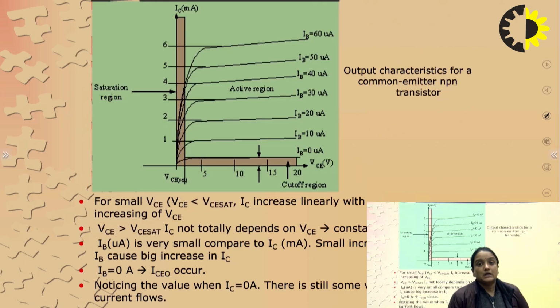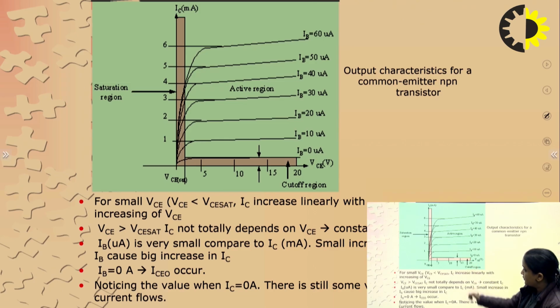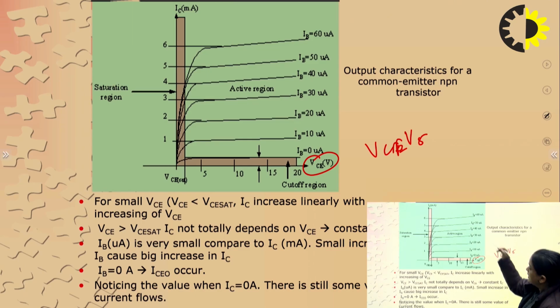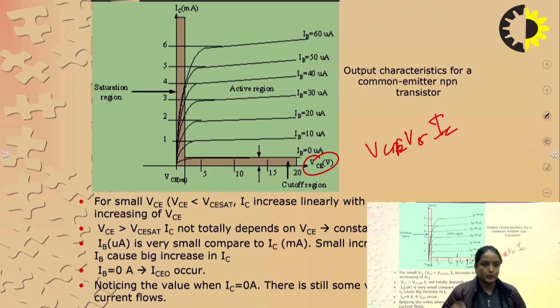Now, coming on to the output characteristics of BJT. If we consider the output characteristics, this is the characteristic between your VCE versus your IC. That is the output part.